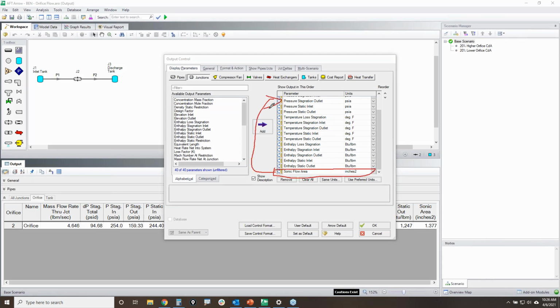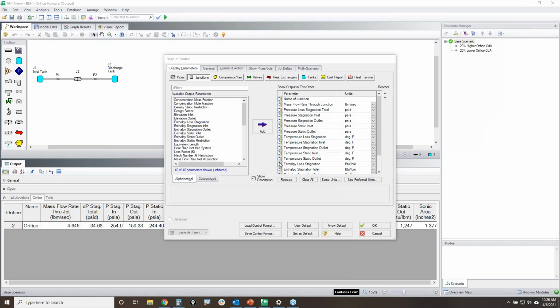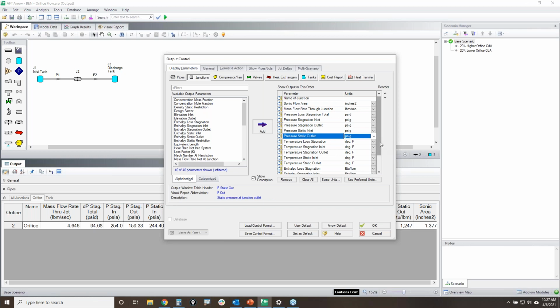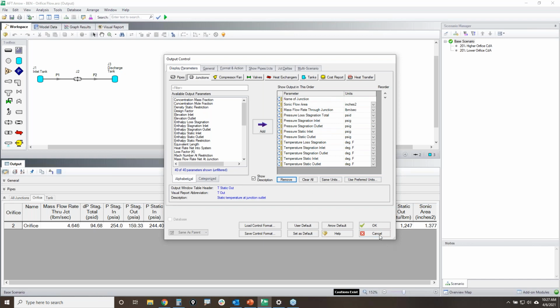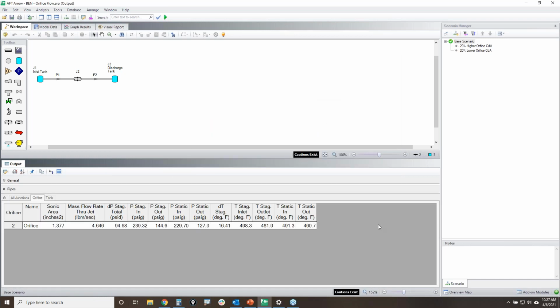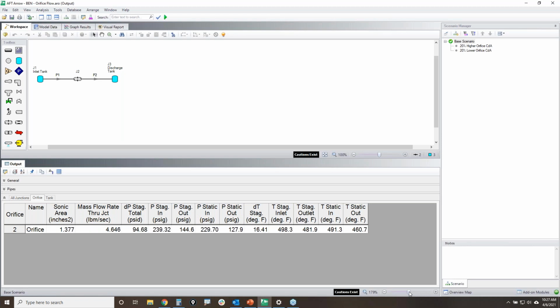So I'm going to move that up near the top so that it appears first. I'm going to have my sonic area, my mass flow rate, my pressure drop, and then my pressures. I'll put these pressures in terms of PSIG. We'll keep the temperatures in there, but I'm going to take off the enthalpy parameters. There we go. That's a little bit nicer.